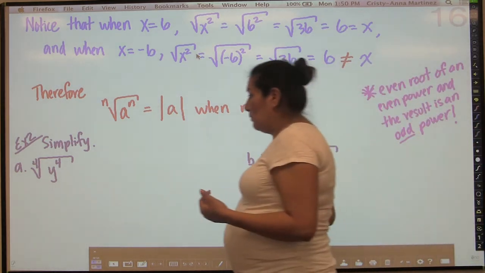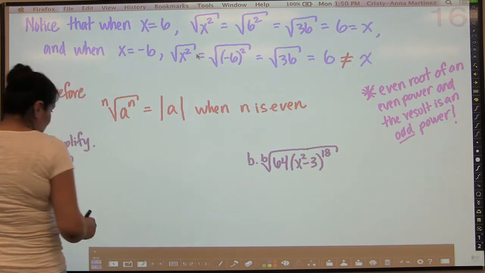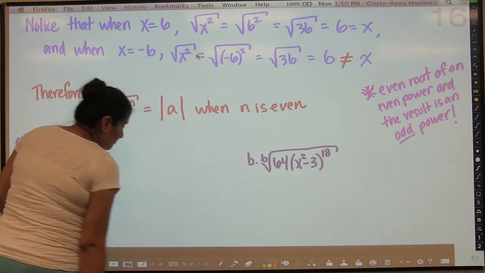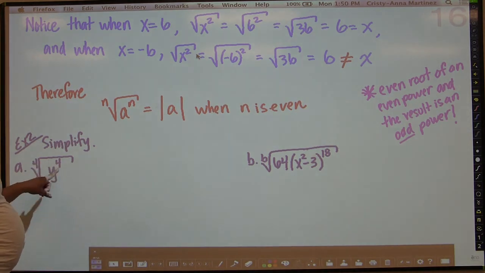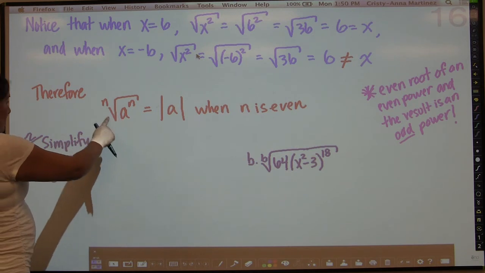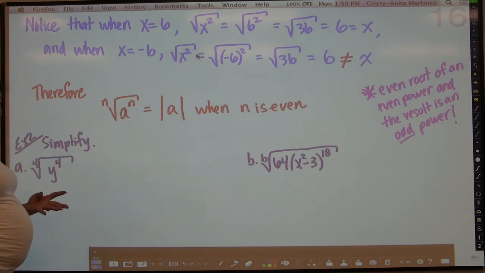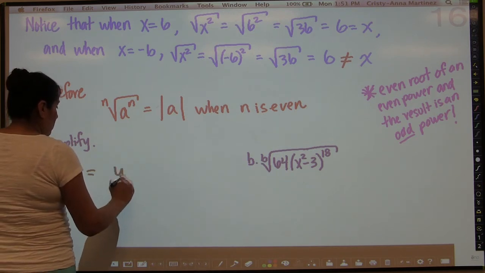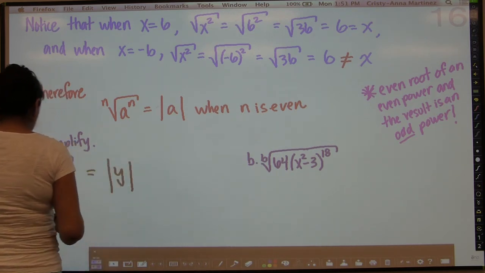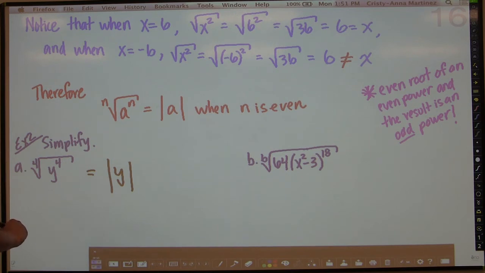And so here we go. In theory, because they're both the same, the index and the exponent are the same, they would cancel. It's kind of like this situation, nth root of a to the n. But 4 happens to be an even number. So our answer is not just y, it should be the absolute value of y.